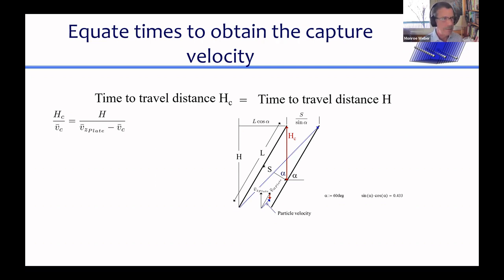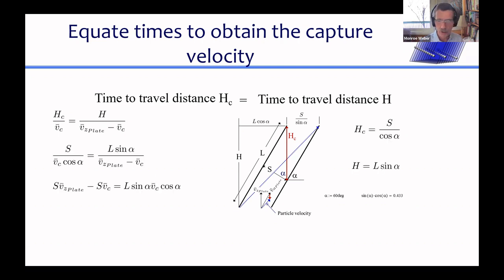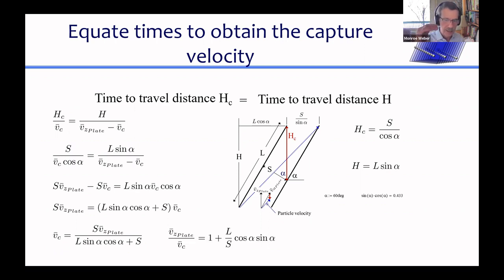And I think at this point, I'm just going to fly through these because you don't want to see it, okay? I'm just going to go to the last equation, which is a lovely relationship between the vertical velocity entering the plate settlers and the capture velocity of those plate settlers. And it's the addition of 1 plus L over S times cosine alpha sine alpha.